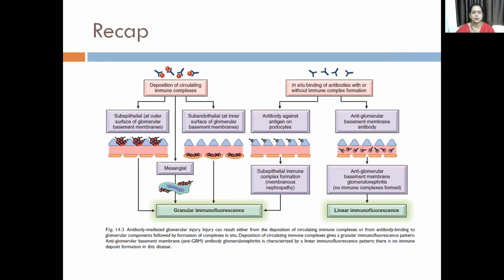Hypercellularity in terms of either proliferation of mesangial cells, leukocytes, endothelial cells. So what happens when something proliferates? Obviously, it tends to accumulate. So because of this accumulation, it can cause a glomerular pathology. Okay, thereby the GFR will decrease. So remember, the first pathological response to the glomerular injury is hypercellularity.